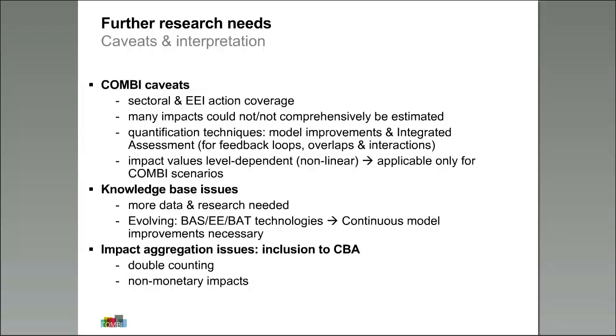So this is why we, for example, did not include GDP impacts in our common cost-benefit analysis, because GDP might be double counting with many of the other impacts. But then this kind of proceeding may underestimate the total impact. So there is still work to be done on this.